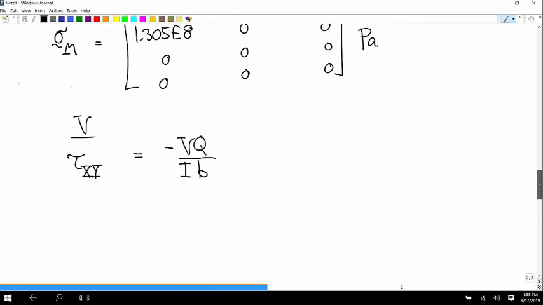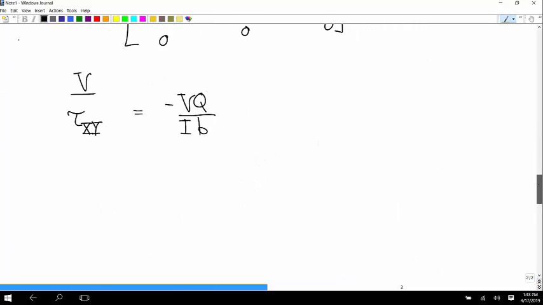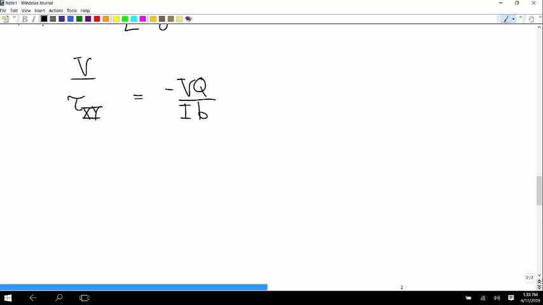So first let's figure out Q. Okay, Q is going to be a little bit of a pain on this. So here's our shape. Here's the neutral axis.